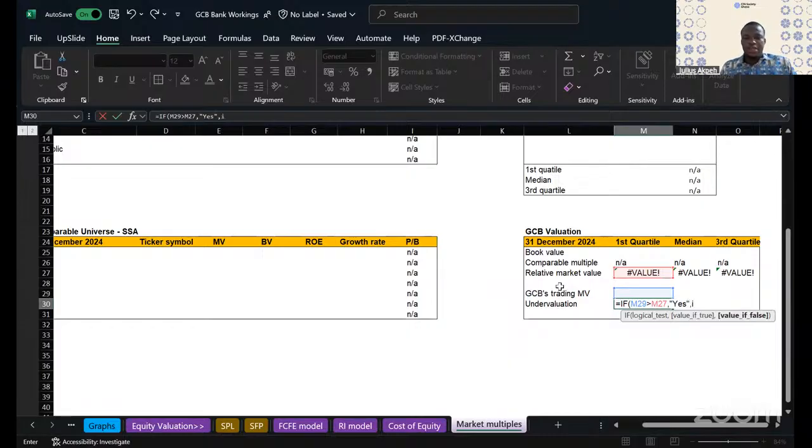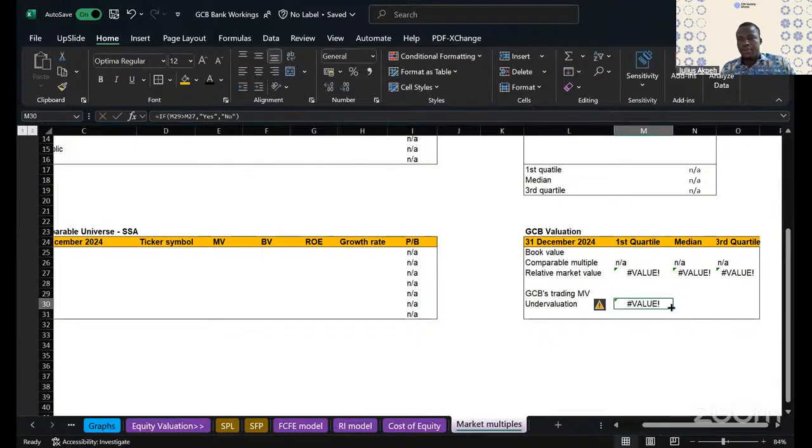And there are just two possibilities, either it's greater or it's not greater. So otherwise, no. Currently it's an error because it can't compare. So that's what we do to determine whether it's yes or no, and then we determine whether it's overvalued or undervalued. Okay. All right.